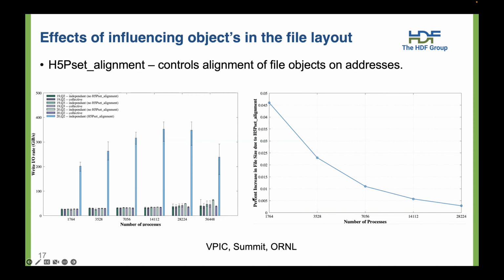For this case, we're using contiguous data sets. So as the number of processes increased, the file size didn't increase. The file size had very minimal impact with set alignment for this case. But that's just something to be aware of: if you are using H5Pset_alignment, it could blow up the size of your files needlessly.